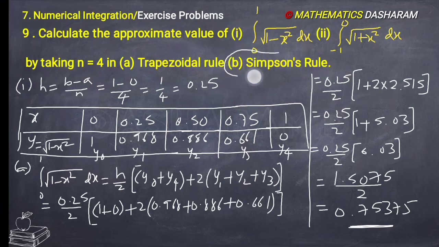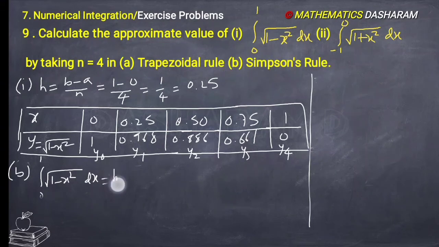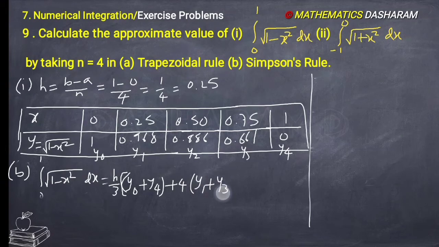Next to B, Simpson rule. So the Simpson rule formula is h by 3 bracket of sum of the first and last ordinates y0 plus y4 plus 4 into sum of the odd ordinates y1 plus y3 plus 2 into sum of even ordinates y2. Now substitute the values in this.